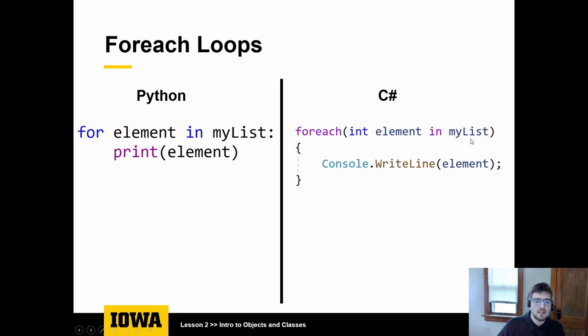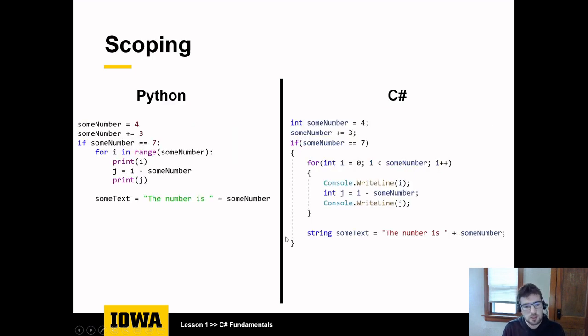We have a list, and while we're going through the list, we're going to put each item in this variable called element, but of course we have to say, well, element in this case is of type integer, right? So presumably my list is a list that contains integers, and then of course the code we execute is in the curly braces.